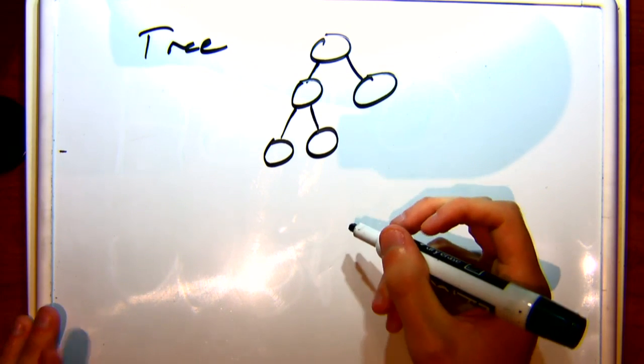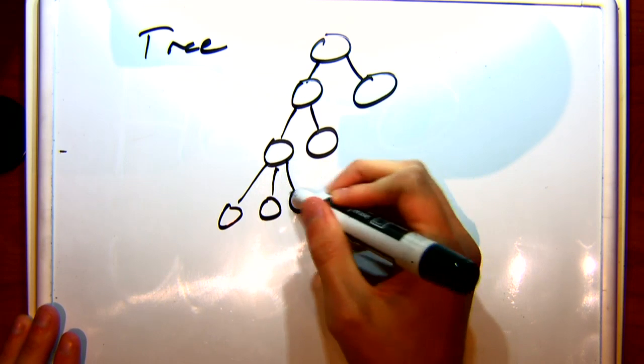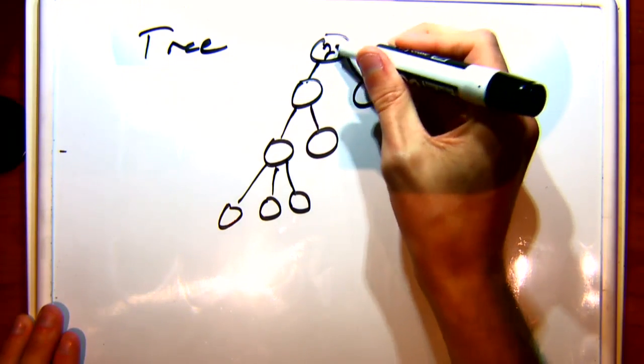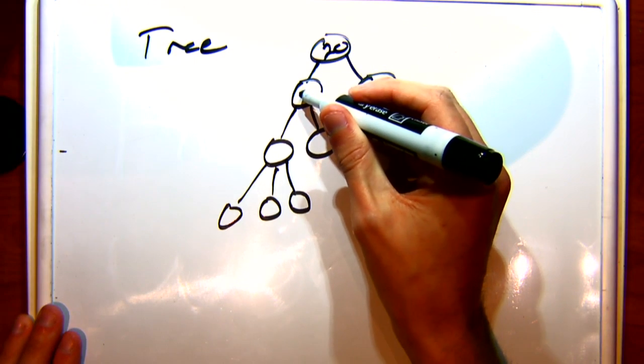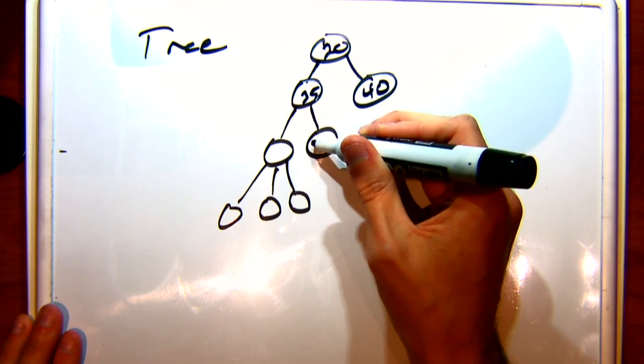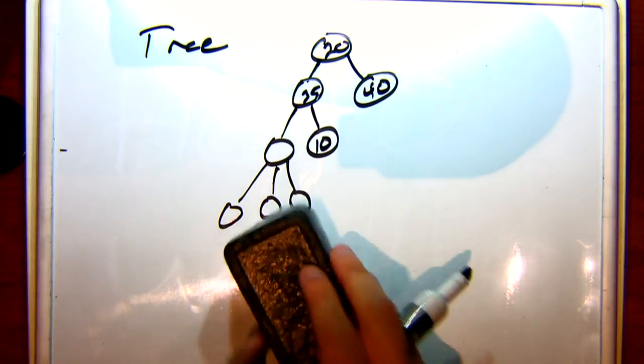And this doesn't necessarily have to be binary. A tree can be trinary or quaternary. You can have any number of children. And the ordering doesn't really matter. We can have any ordering we like. It doesn't have to be in order. So that's what a tree is.